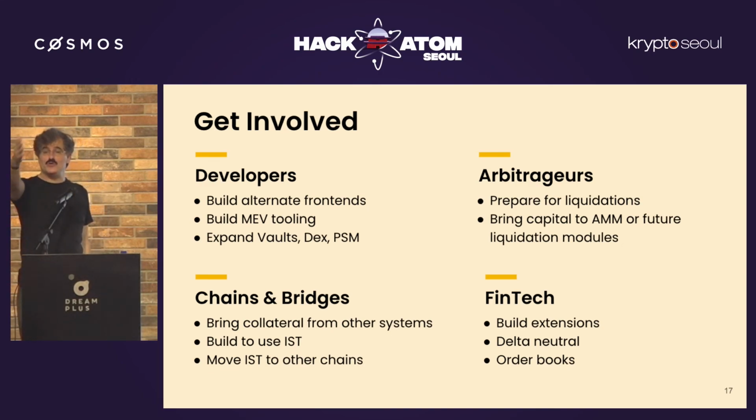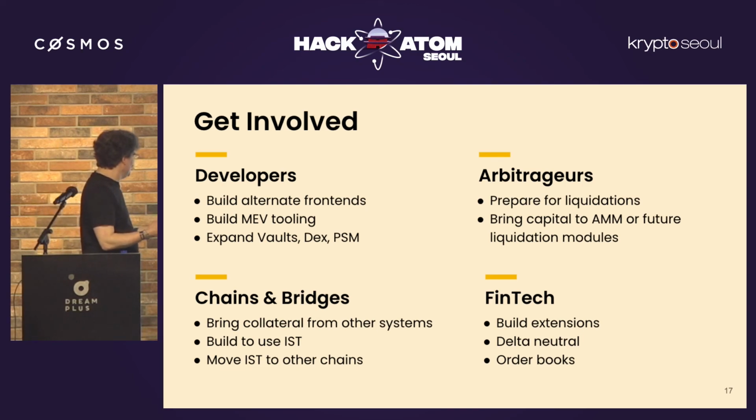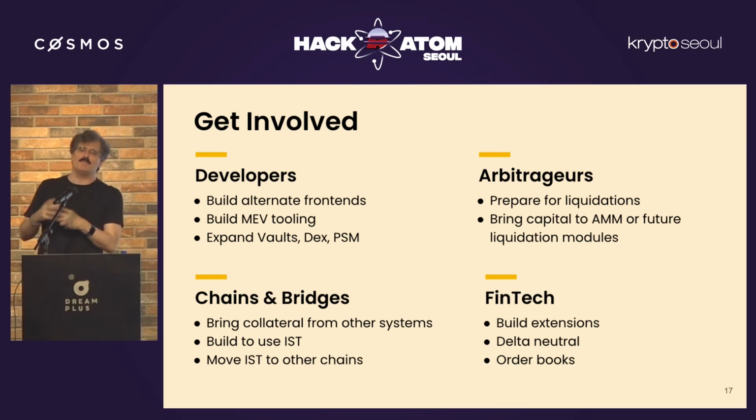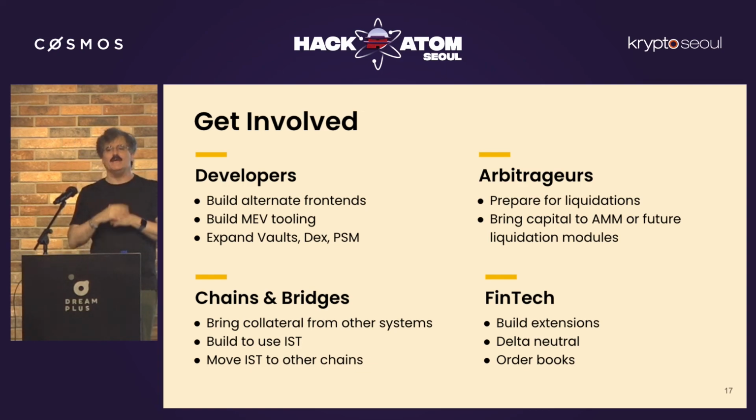If you're bringing up a new chain or a bridge, arrange your system to use IST. If you're going to have a perpetual option system, it's got to reduce into some stable token. You don't want to build another one. What you want to do is use something that everyone else is going to use. So setting up to be able to use IST for that easily is going to be of value.